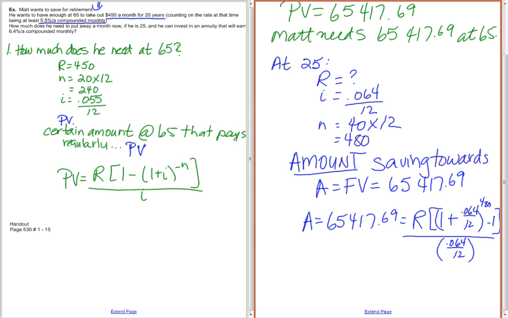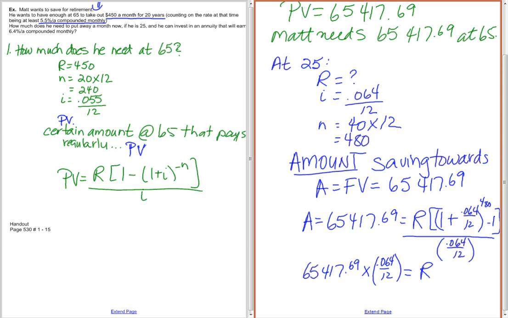Remember, it gets a little ugly when you're solving for R, but you're going to have 65,417.69, multiplying both sides by that denominator.